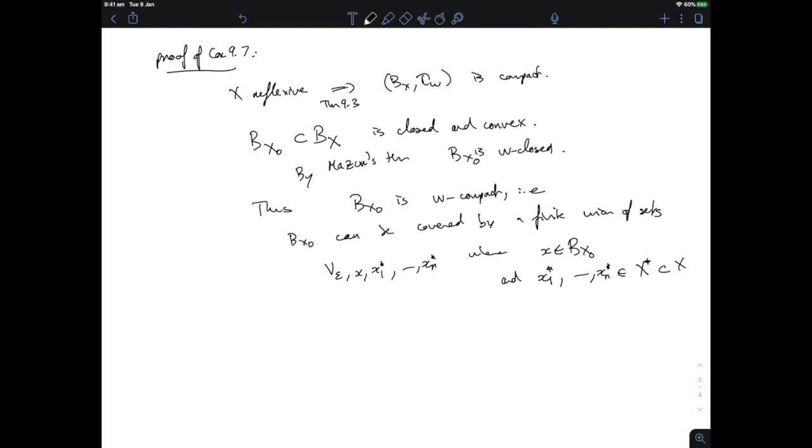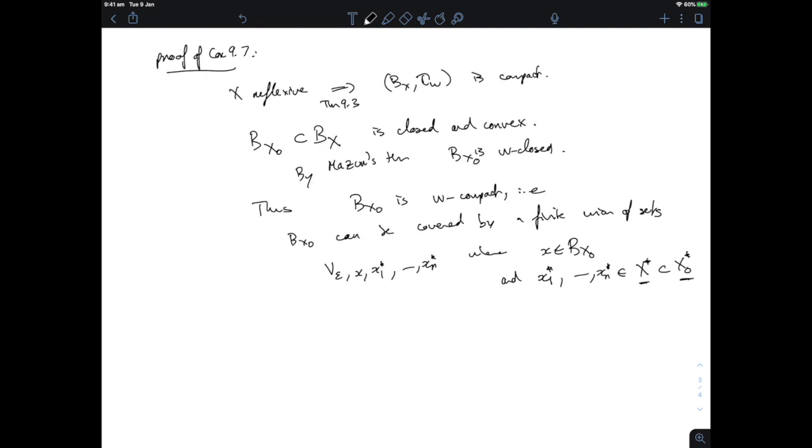Well, of course, because if X naught is a closed subspace of X, then X star is a subspace of X naught star, right? Because being in X star means that you're continuous when you test against every element of X, whereas being in X naught star only means you're continuous when you test against elements of X naught. So it's much easier to be continuous in the sense of X naught star than it is to be continuous in the sense of X star, because you're testing on more things in X star than in X naught star.